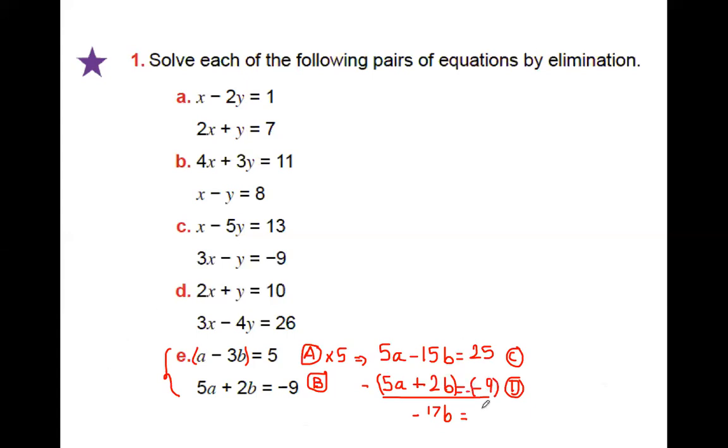So 34 is equal to negative 17B. Now we're going to divide by negative 17 both sides to get B, negative 2. Yeah, B equals negative 2.